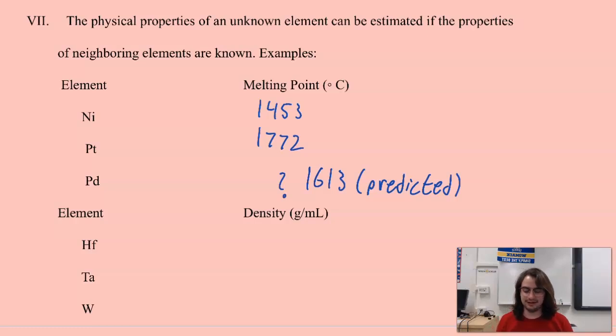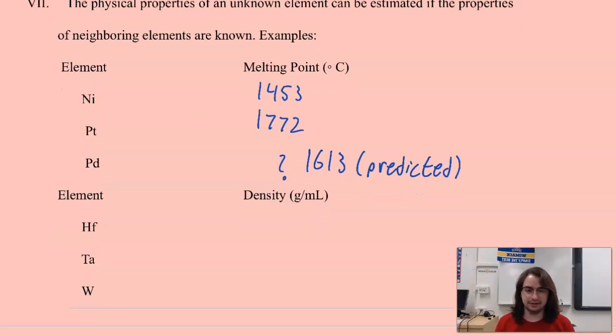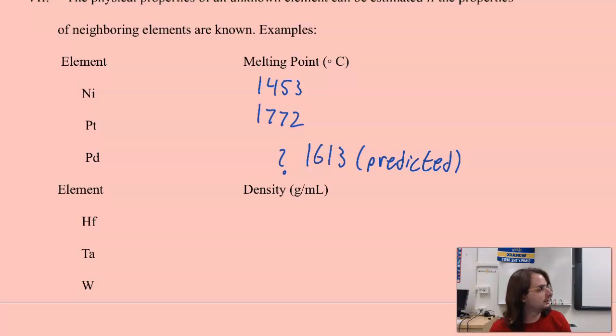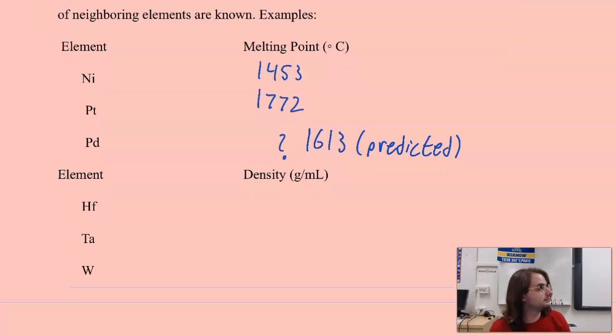Let's talk about density. So we have hafnium, we have tantalum, and we have tungsten, right? So we're going to look at the density of those three. What if we said that hafnium had a density of 13.1, tantalum had a density of 16.6, and we do not know what the density of tungsten is?